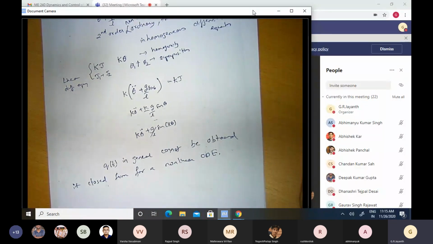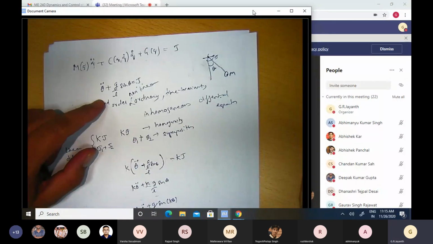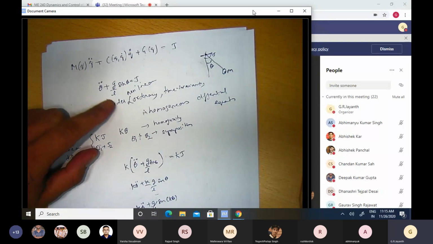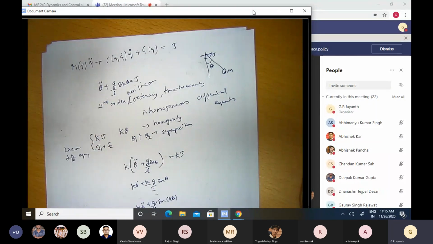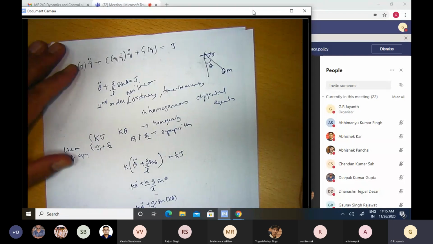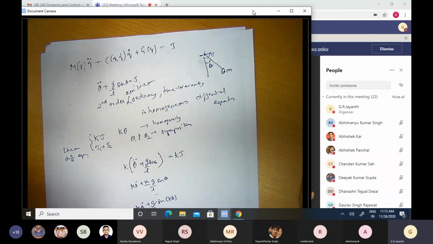Okay, in general, and even for this very specific case of a pendulum, theta double dot plus g by L sine theta is equal to tau, it is not possible to obtain the solution. It involves elliptic integrals and so on and so forth, and you don't have a closed form solution even for this problem. But then you might say, well, pendulum, is it not a very common example of a simple harmonic oscillator? So don't we have a solution for simple harmonic oscillator, that the motion is a sinusoidal one?